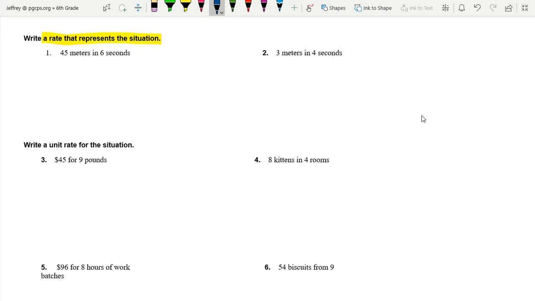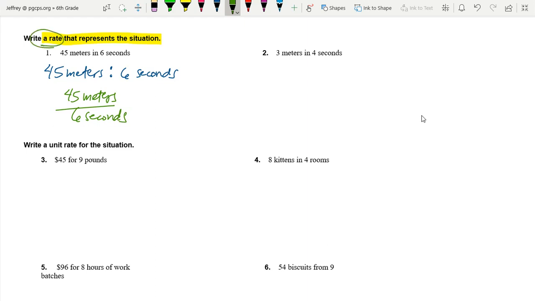So you can write it this way, 45 meters colon 6 seconds. Or usually we write it as a fraction. So we can say 45 meters in 6 seconds. So either of these two would be correct. Now remember, we're just writing a rate, not a unit rate.